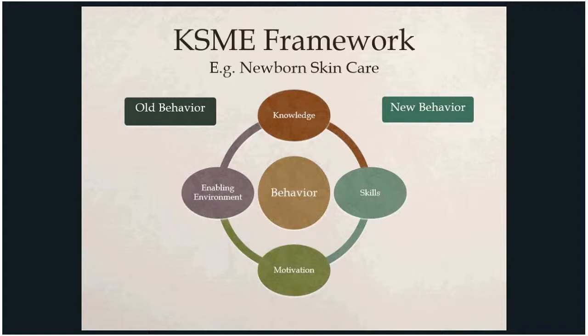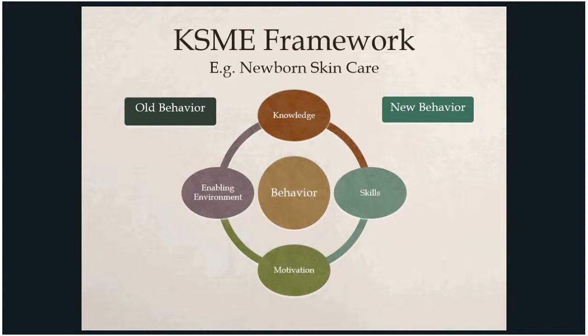So in the healthcare facilities, there are people who are used to doing this newborn skin care in a particular way, and we need to modify that. So the enabling environment will come from the healthcare facilities, the community stakeholders, the women and people around that particular family, the father, the decision makers in that family. So all these four components we need to work on.